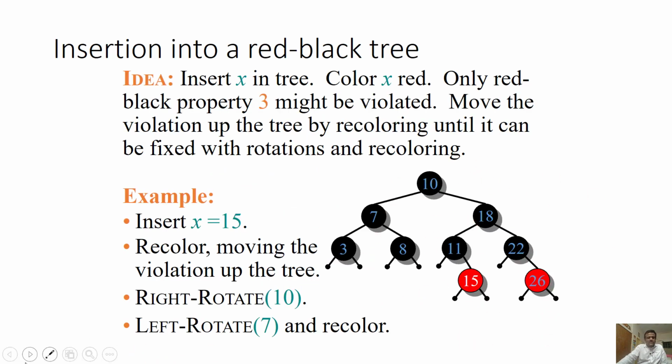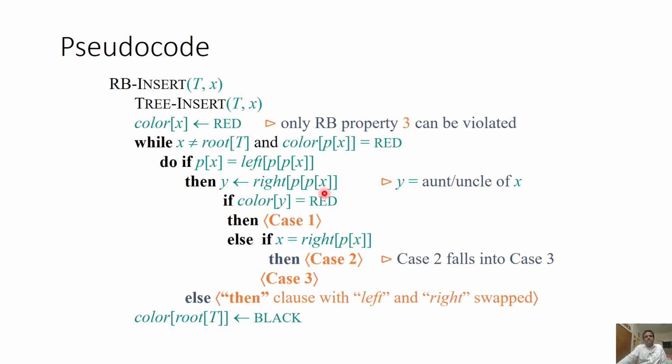Okay. So, this is the code, this is the pseudocode, we can quickly go through it. We want to insert a node X in a red black tree, we will just do the BST insert and then we make the color to be red. Now, this is case 1: if the color of the parent is black, we do not need to do anything.